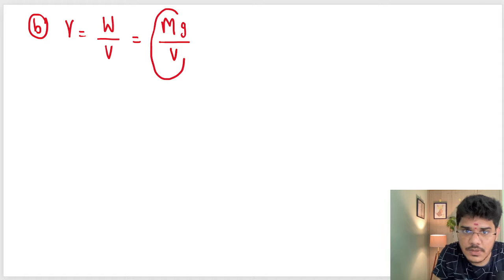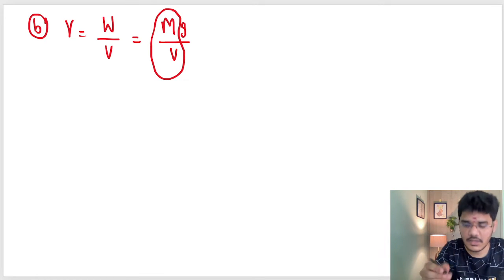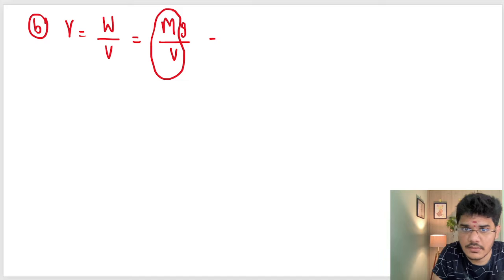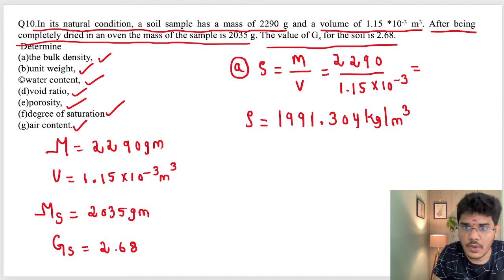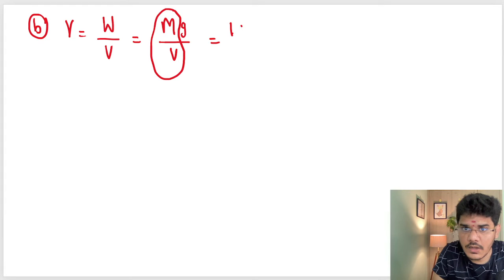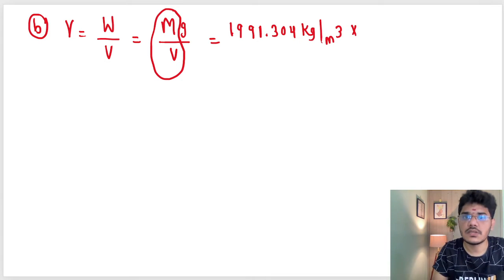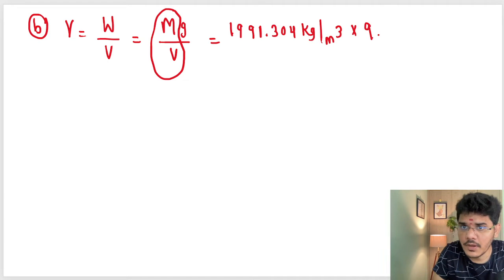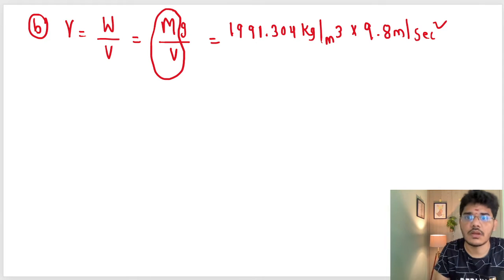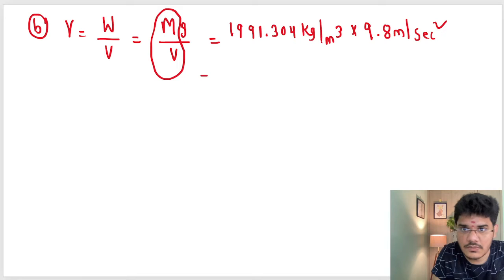This mass by volume, that is bulk density, that we have already calculated, that is 1991.304 kg per meter cube into g value, acceleration due to gravity. He has not mentioned anything, so we will be taking 9.8 meter per second square.